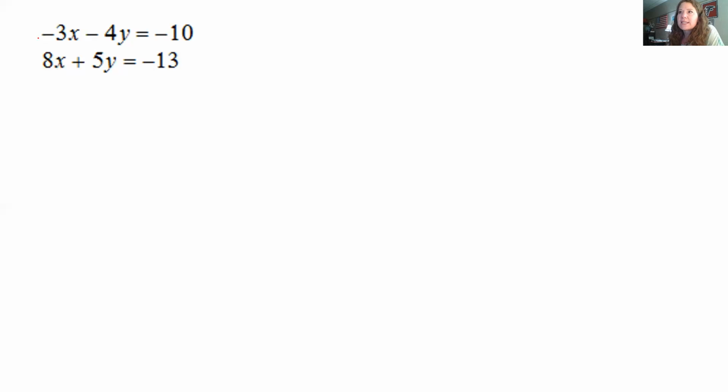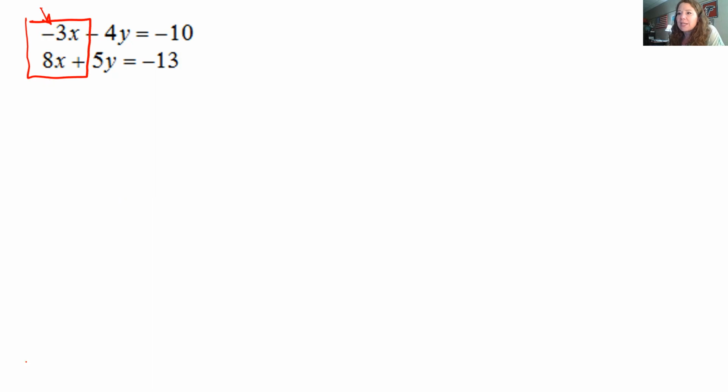So let's talk about our choices first. Let's say I want to eliminate my x's. Well, I'm going to think of the least common multiple of 3 and 8. The answer is 24. So if this first x was equal to -24x and the second was equal to +24x, that means our x's would eliminate each other, right?